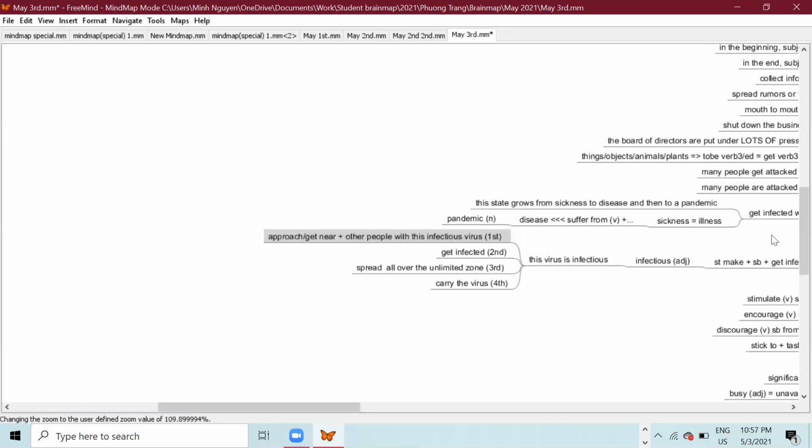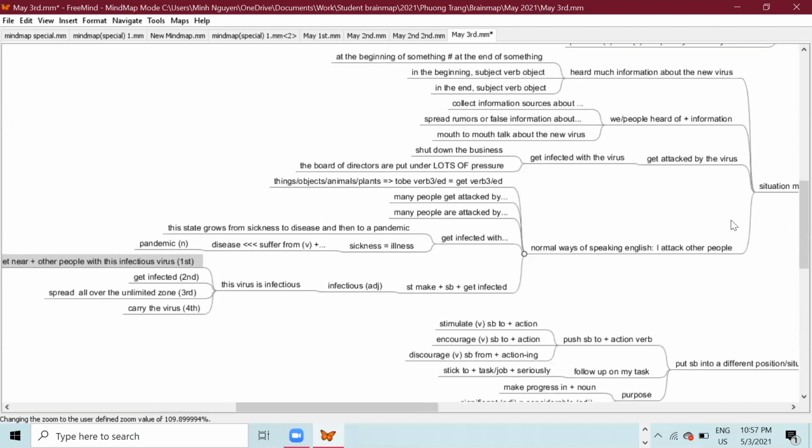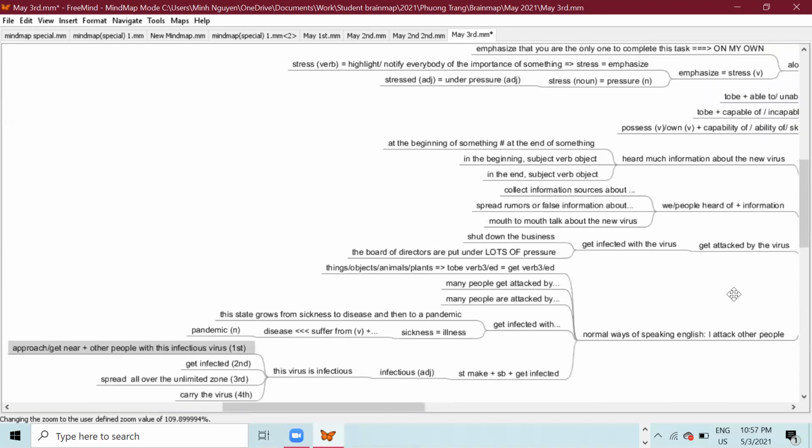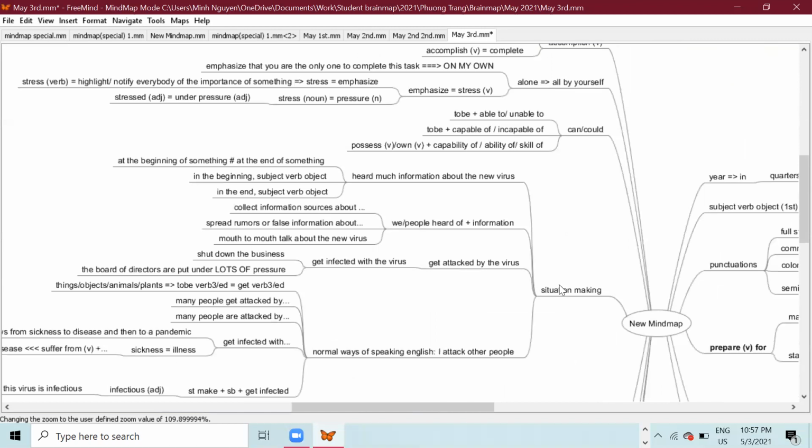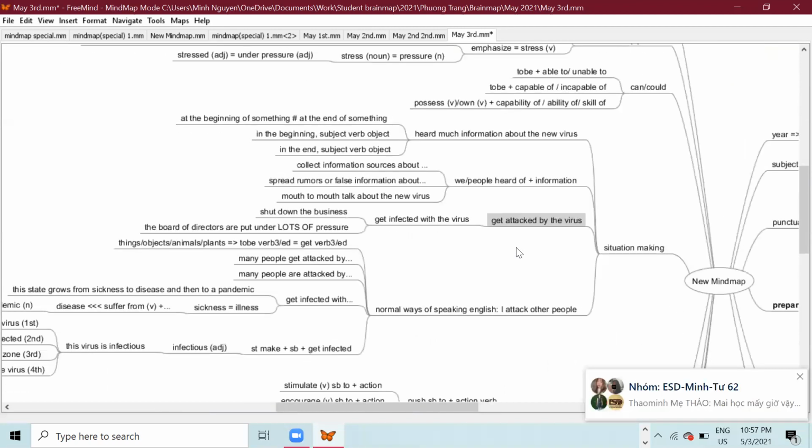So when you speak English, please try to use something like this. And if you recreate your situation again, you can use these verbs in your situation. I think that your speaking is going to last more than 3 minutes, not 1 minute anymore.